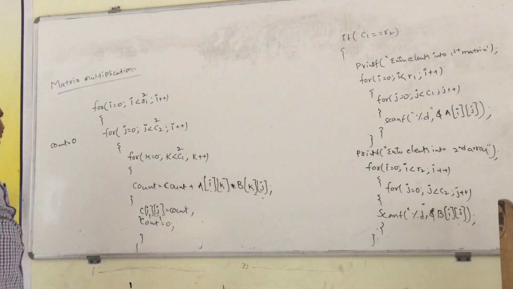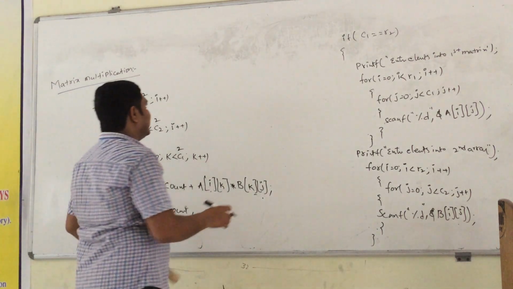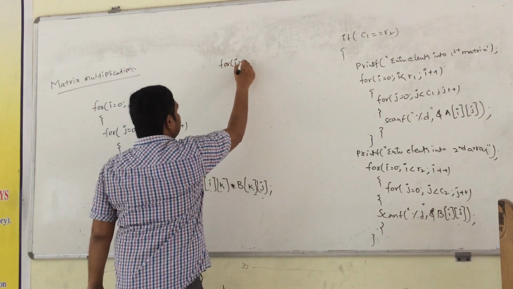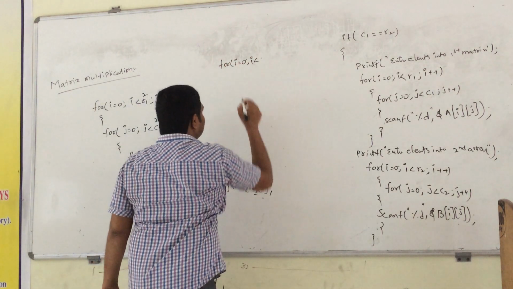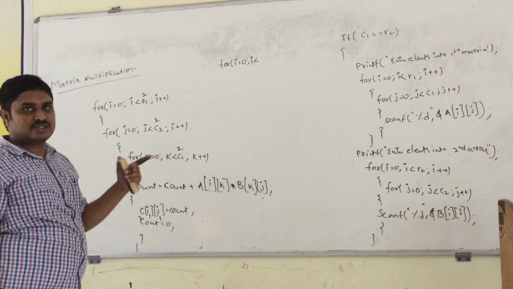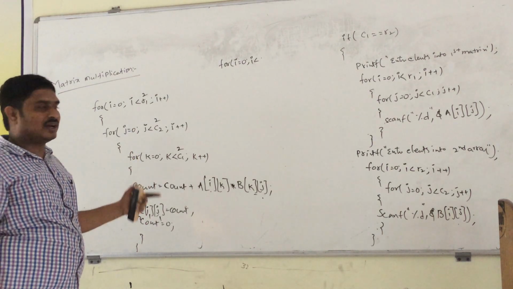After the completion of performing matrix multiplication, then display the result. For result display, we are using two for loops. For i equal to 0, i less than. So for the resultant matrix, the number of rows in the first matrix are the rows and the number of columns in the second matrix are the columns.